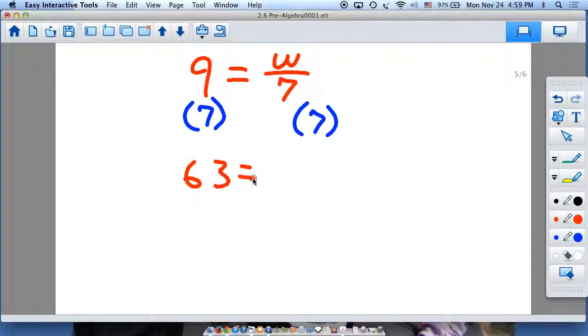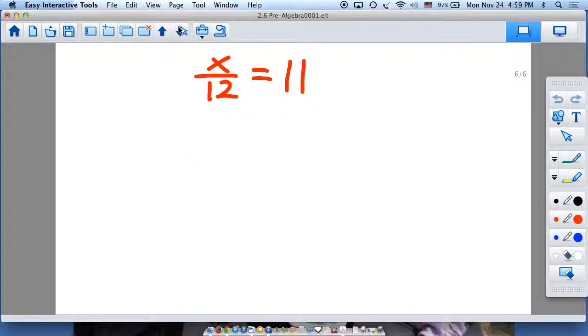On the right-hand side, I can see that these 7s are going to cancel each other, which in turn is going to leave me with just w on that right-hand side. So 63 equals w. Once again, we can insert that 63 in for w, and 63 divided by 7 is 9.